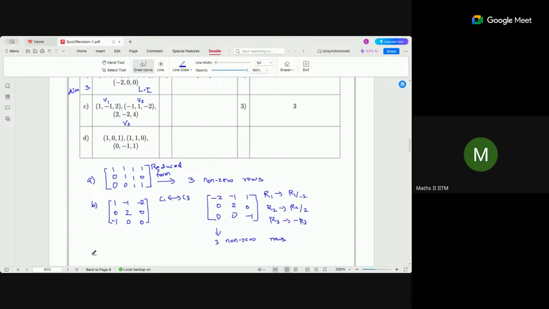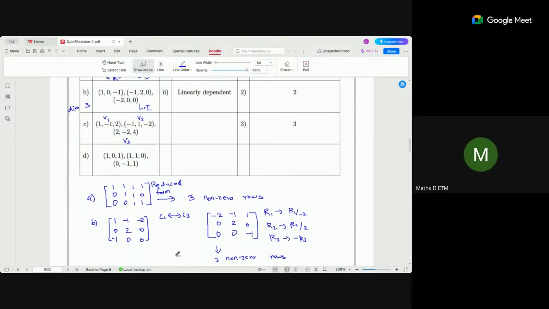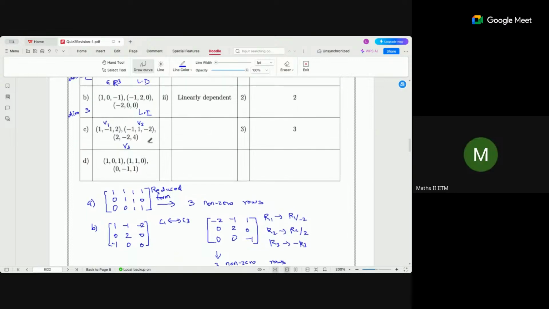Now for C, let us say this is V1, this is V2, and this is V3. Can you observe something straight away? Your V2 is minus V1 and your V3 is 2 times V1. So what do you see? They are multiples. So is it linearly dependent or independent?